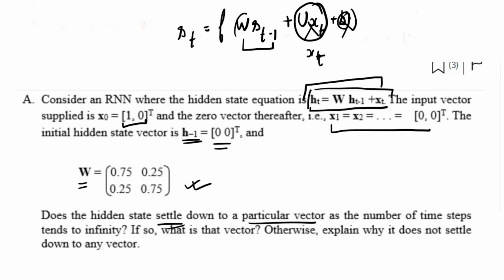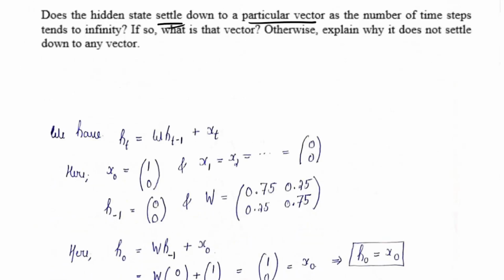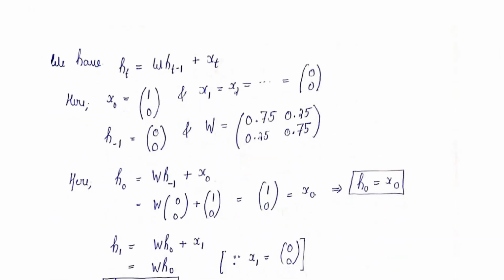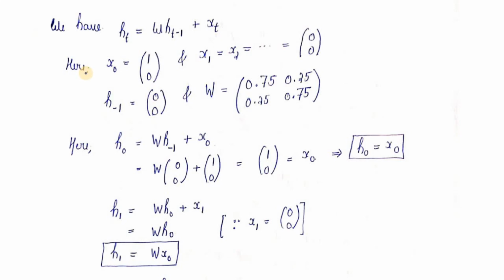Now if we proceed from the first principles, we have something like this. So we have this recurrence equation. We put the value of x0 as given, h minus 1 as this, and we calculate h naught. And on doing so, since h minus 1 was actually a null vector, this entire term gets cancelled, and what we are left with is x naught.